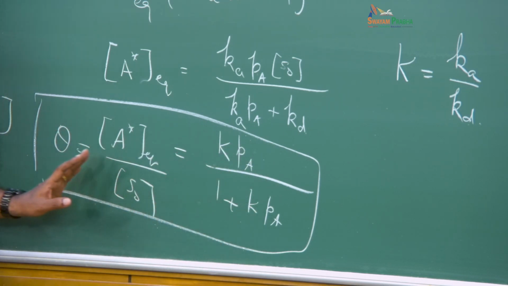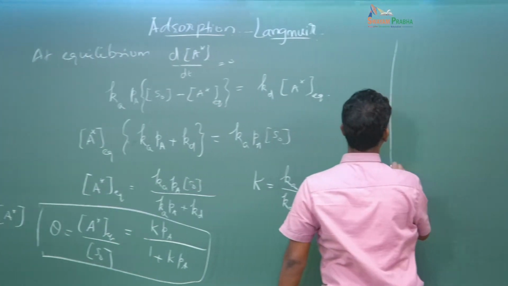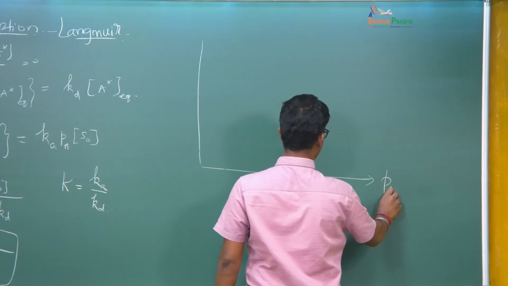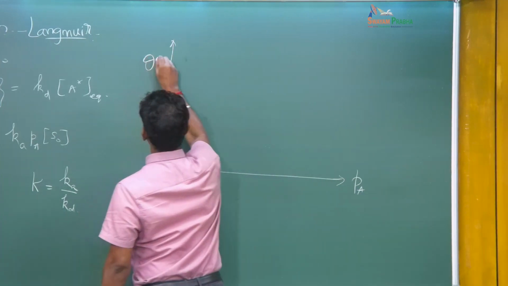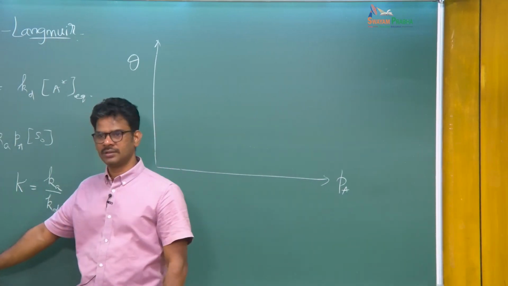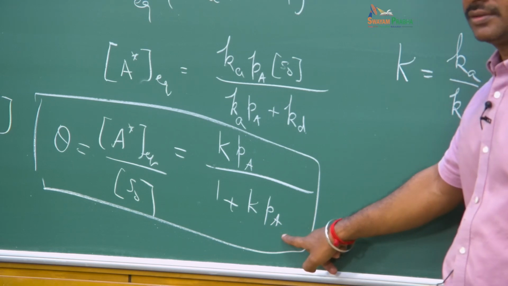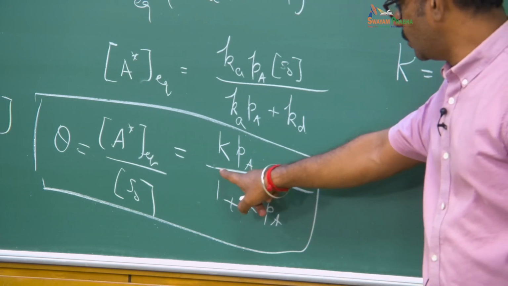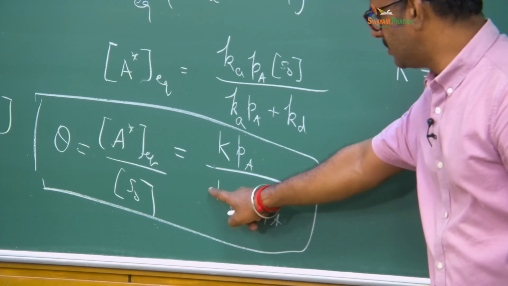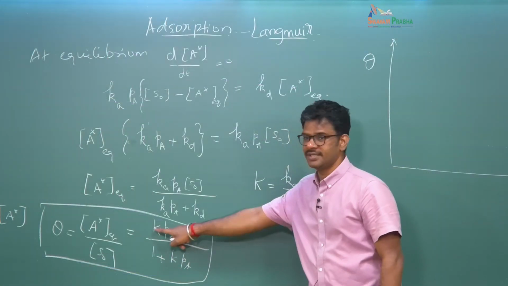If you plot this function as a function of Pa, you see that when Pa is very small, for a given K value, this term is much more than this, so this is actually negligible. You will see that it is K Pa, proportional to Pa.